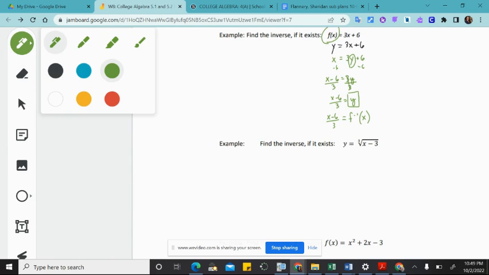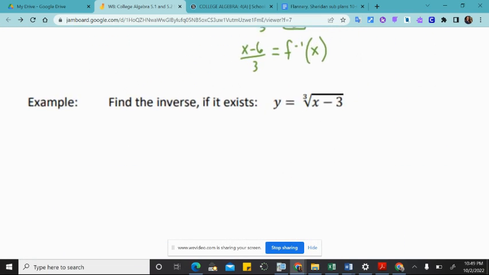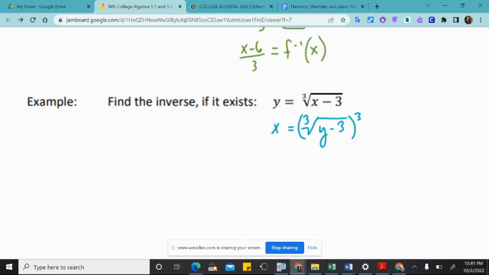All right, let's try it again. So y equals cube root of x minus 3. Switch the x and y and solve. So the opposite of cube root, cube everything.